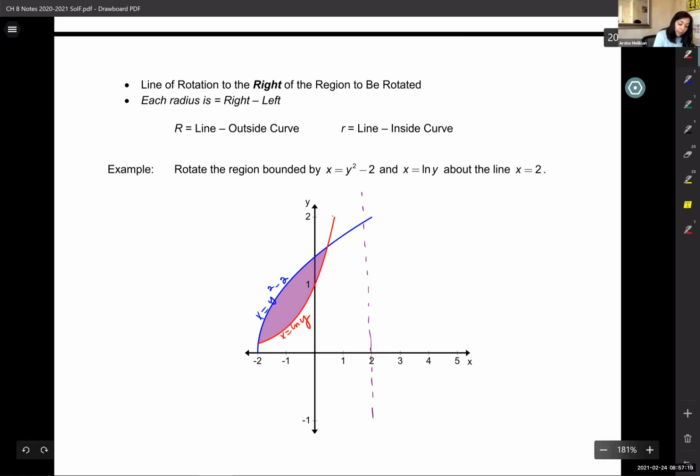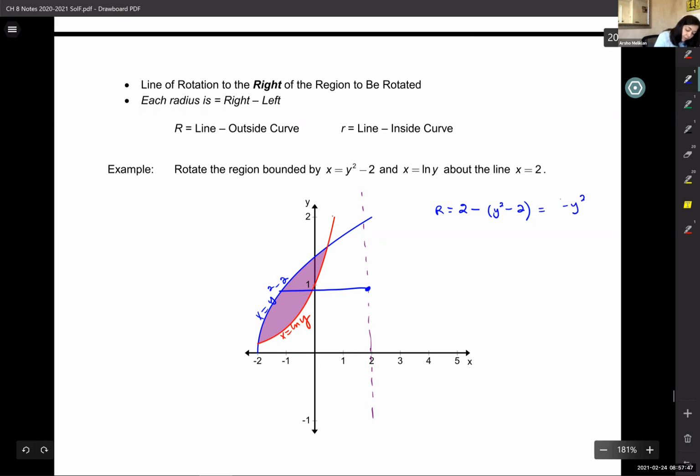Big radius goes from the axis of rotation out to the farthest curve. And then I do right minus left. So big radius is 2 minus y squared minus 2, and then simplify that and we get 4 minus y squared.